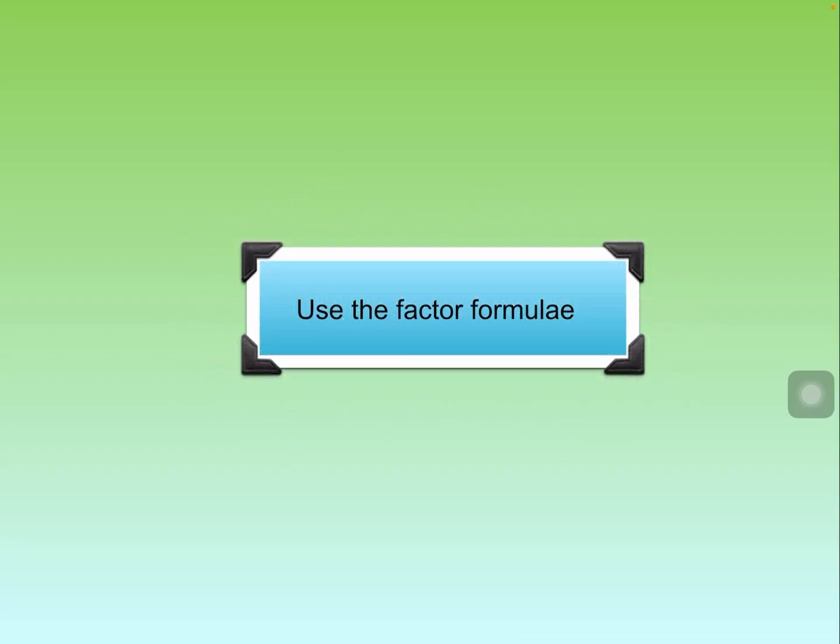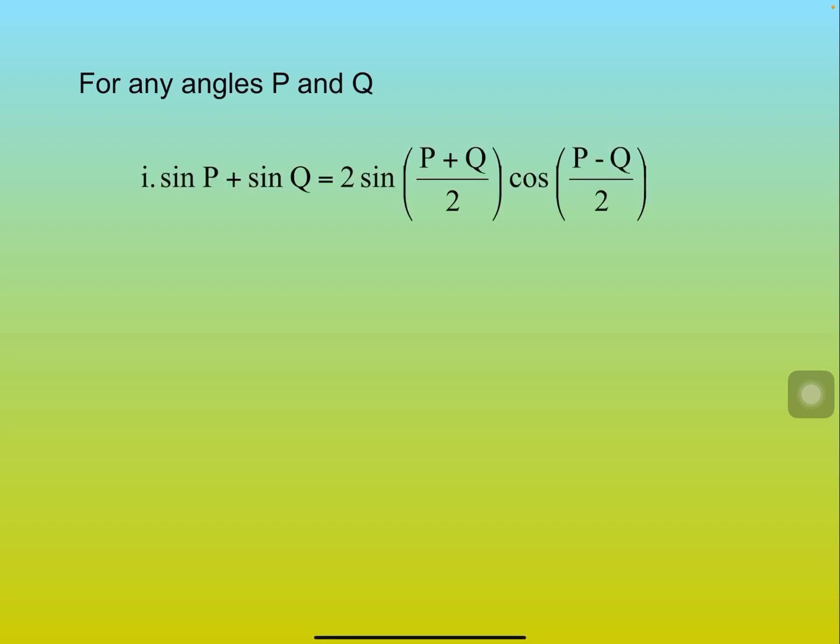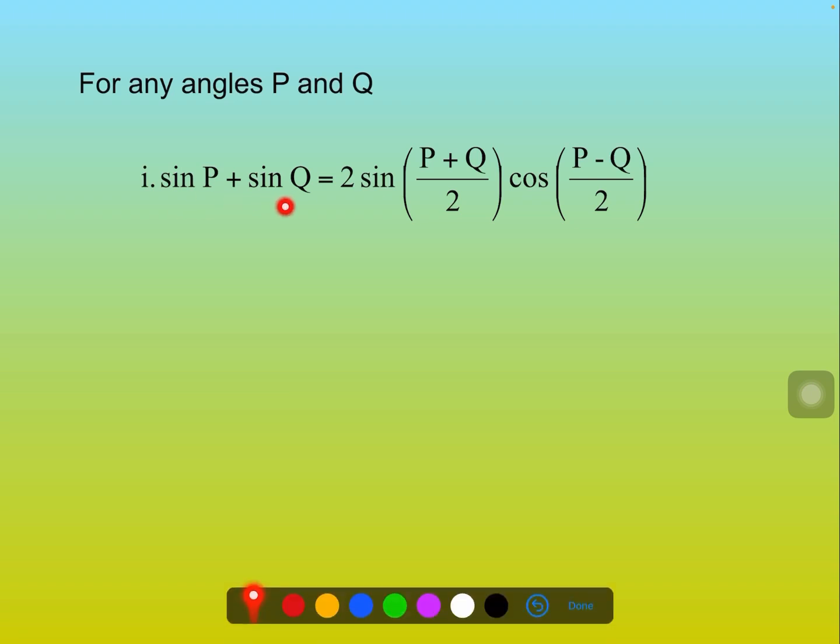Use the factor formula. For any angle P and Q, we have the first one is sine P plus sine Q equals 2 sine P plus Q over 2 cos P minus Q over 2.